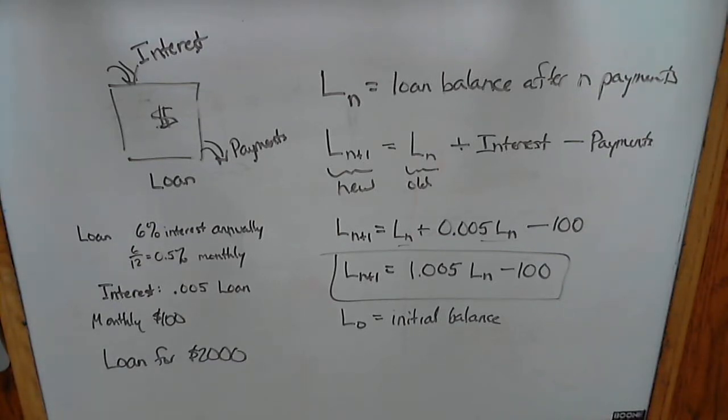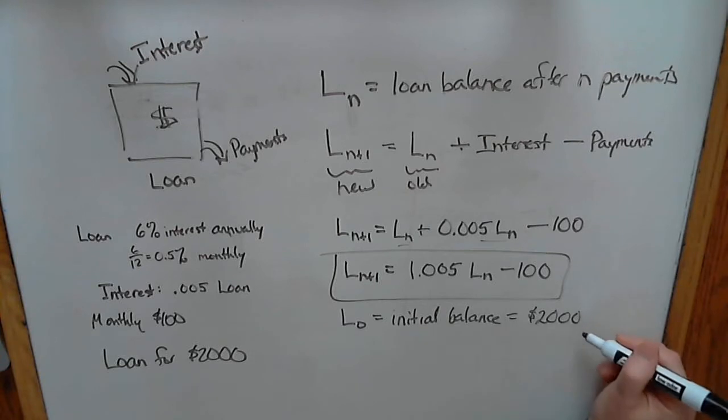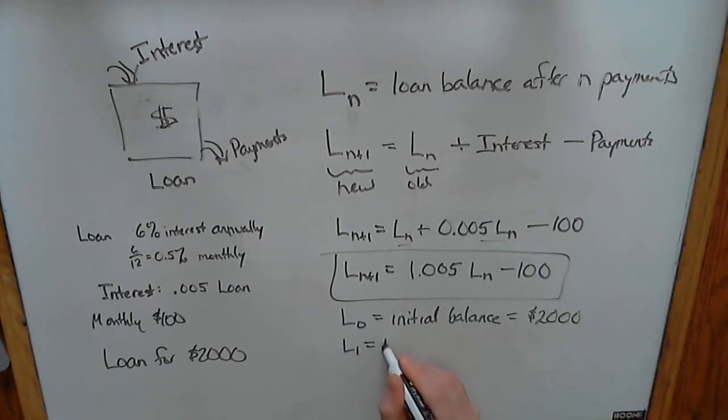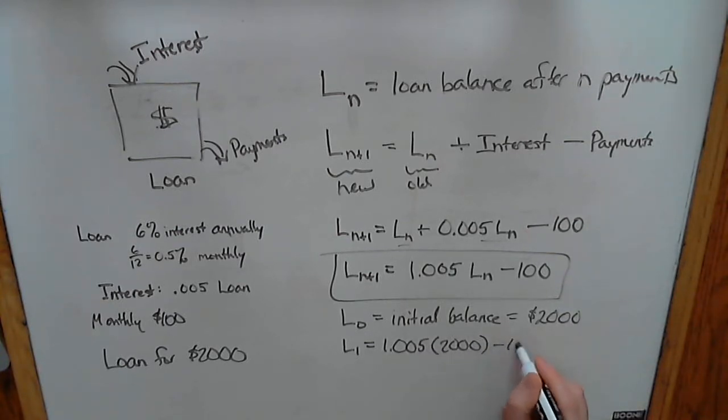I would then be able to find my sequence, and this is recursive, so to get my next balance, L1, this would be 1.005 times 2,000 minus 100. That gives me 2010 minus 100, so that's $1,910. That would be my balance after one more month.